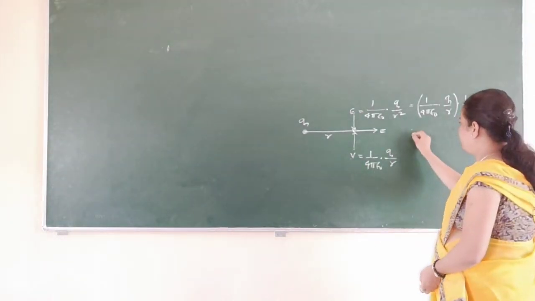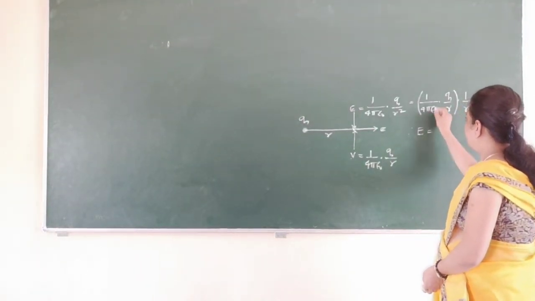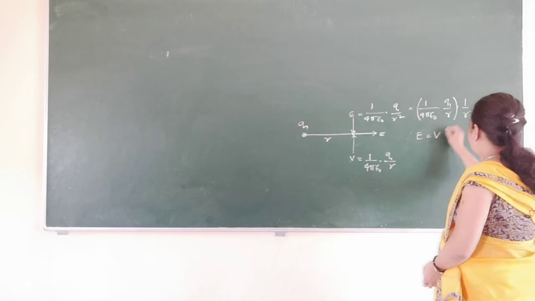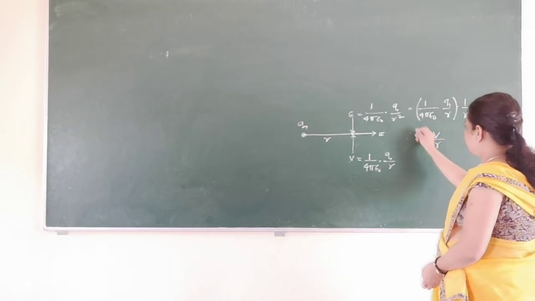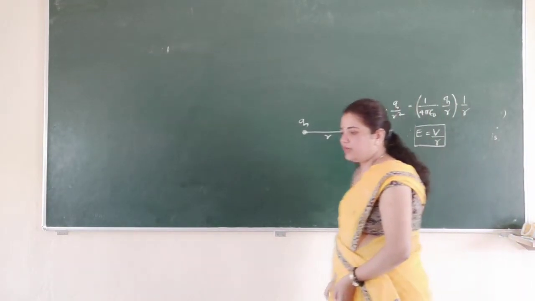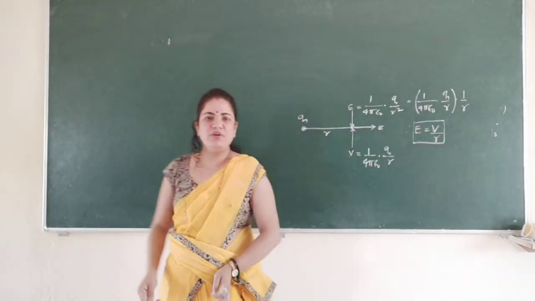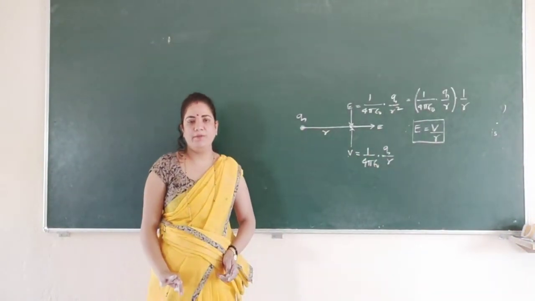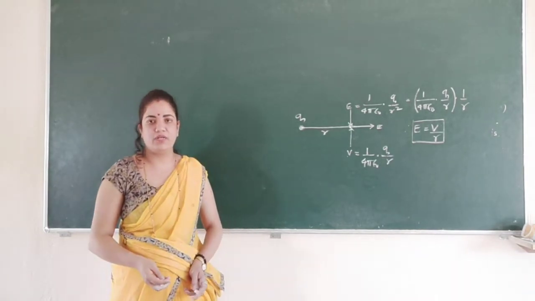So E equals, I substitute this as V, times 1 divided by R. So E equals V divided by R.